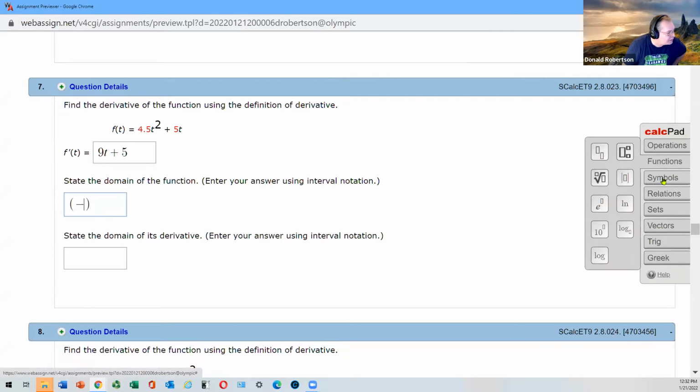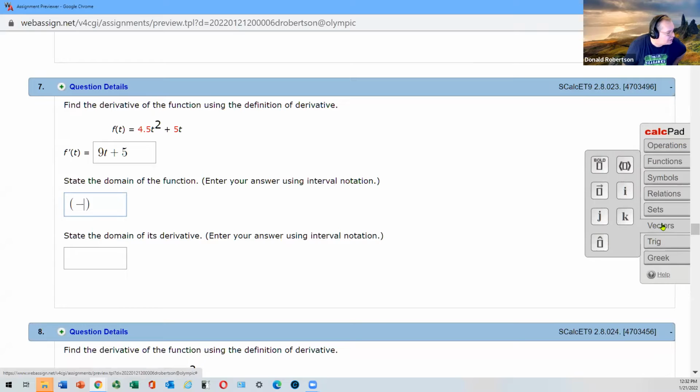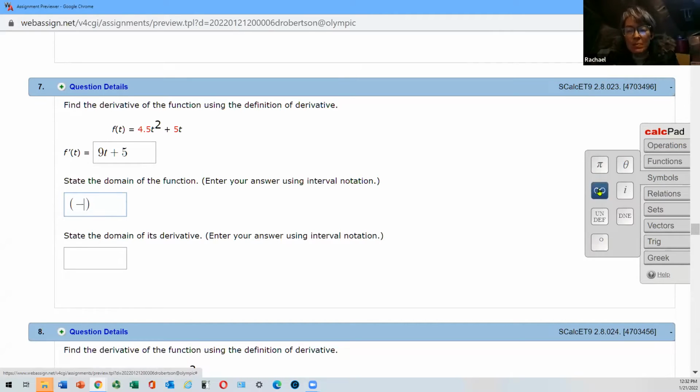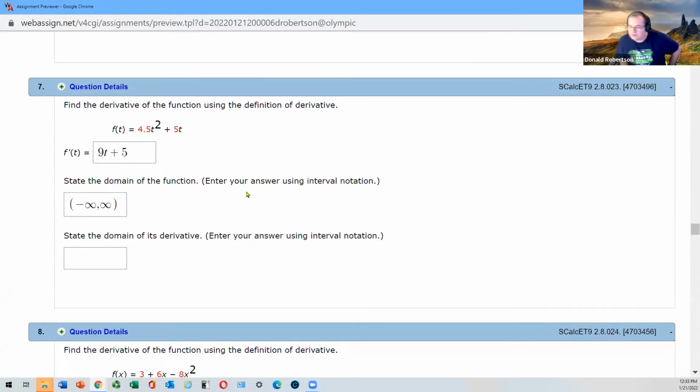Where will infinity be? Tell me where infinity is hiding. It's in symbols. There we go. Negative infinity, comma, plus infinity with the brackets. That's what interval notation looks like.